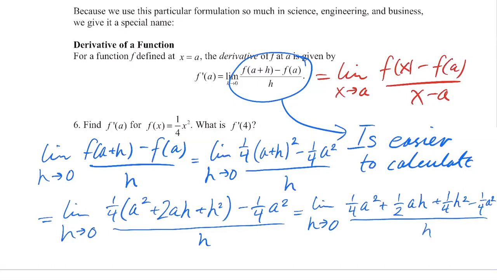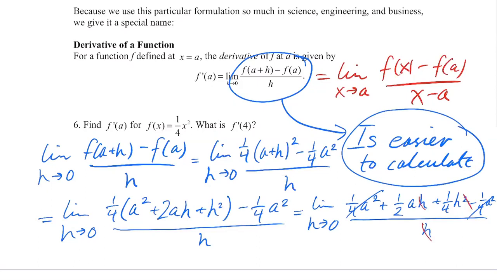All over h. Now, these two terms cancel, and everything else has an h in it. That's what I meant when I said this is easier to calculate. So we can now cancel out these h's.